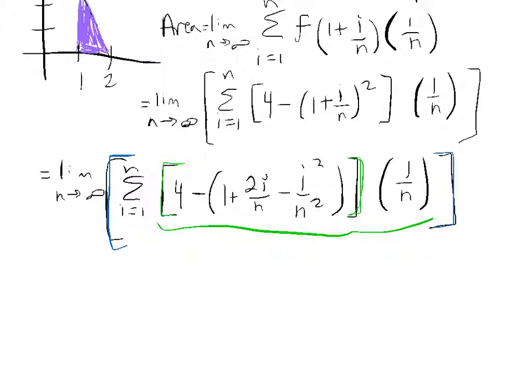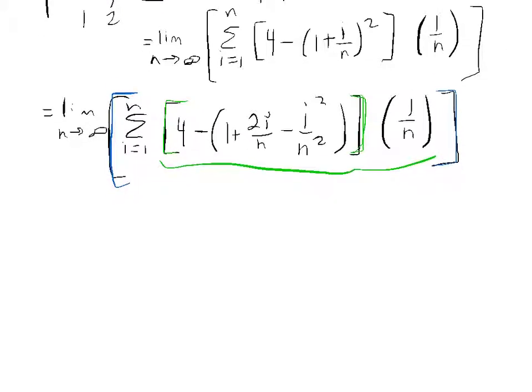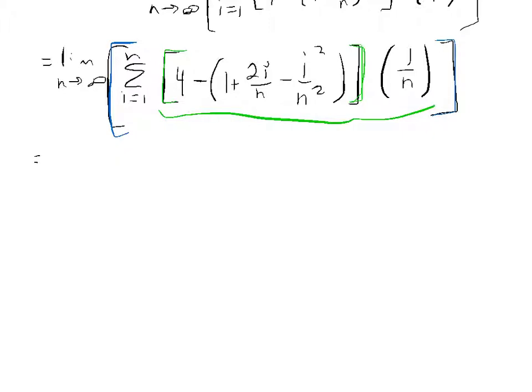Okay, all right, so simplifying once more, we get the limit as n approaches infinity of the sum from i equals 1 to n of 3 minus 2i over n plus, nope, sorry, this is supposed to be a plus.